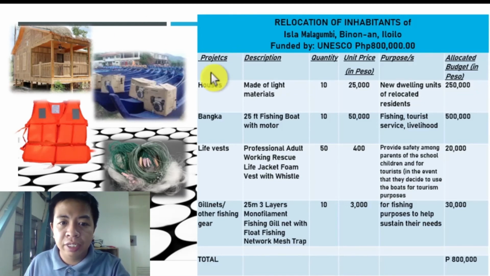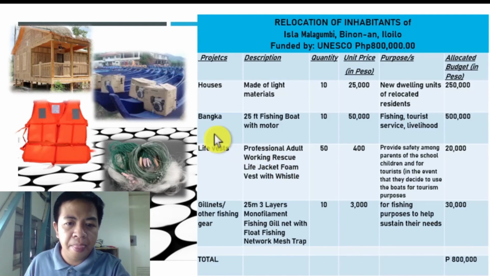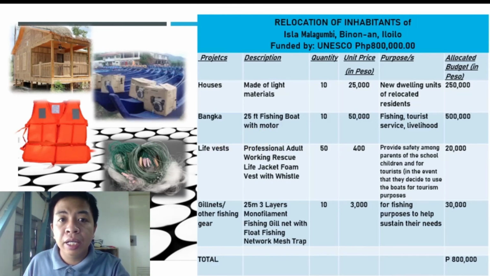Projects, new houses. Each house costs 25,000 pesos, made of light material. 10 families will be given these, with an allocated budget of 250,000 pesos. Next is an upgraded boat. A 25 feet fishing boat with motor. Each family will receive one boat worth 50,000 pesos. This is for fishing, livelihood and can also be used for tourist service. It is additional income for their family, with an allocated budget of 500,000 pesos.